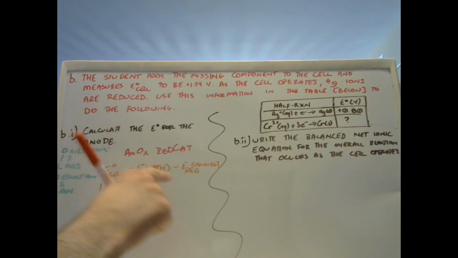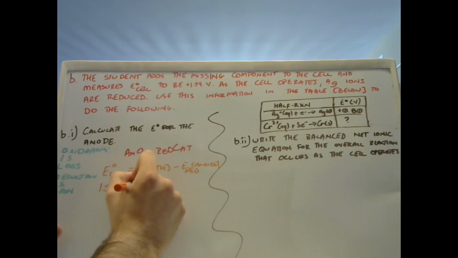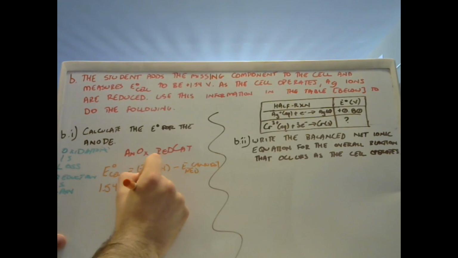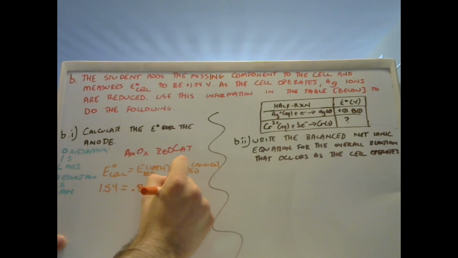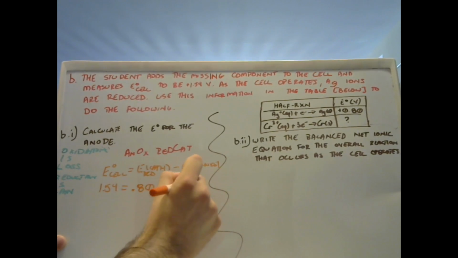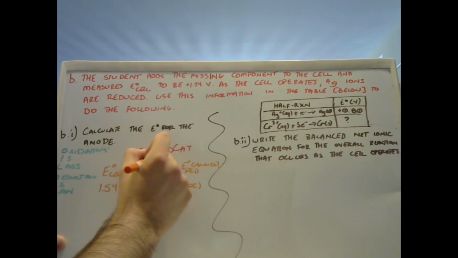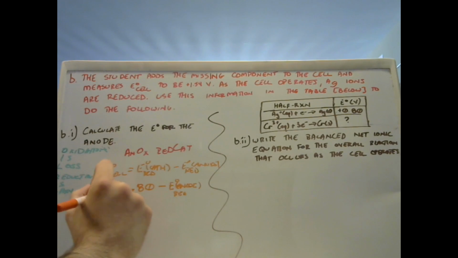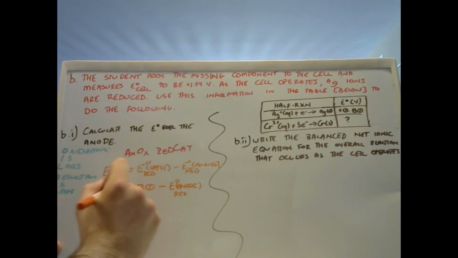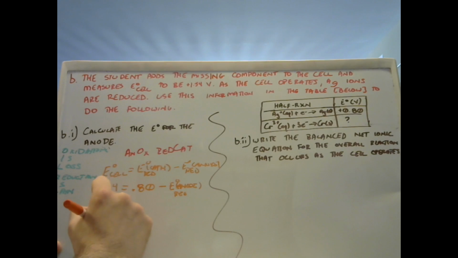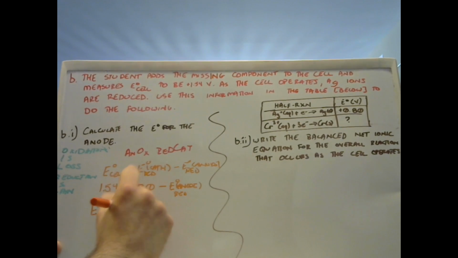The cathode, where the reduction is going on, is the 0.80 minus the anode reduction. Solve for your unknown. Your E standard at the anode reduction would then be equal.